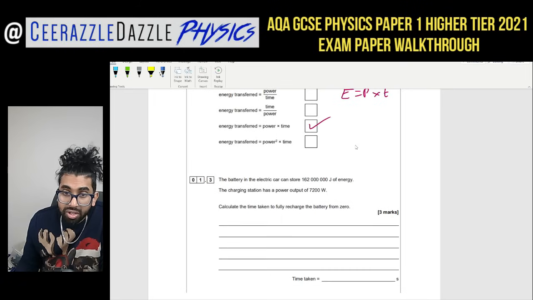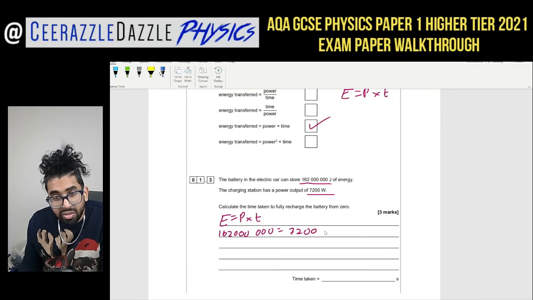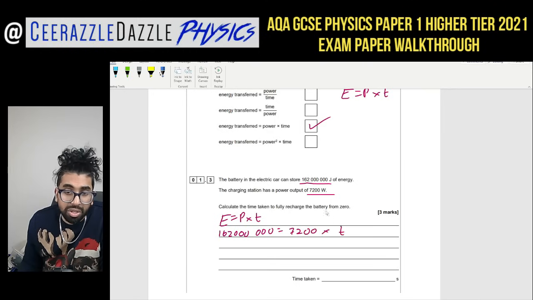Next one, 1.3. The battery in an electric car can store 162 million joules of energy. The charging station has a power output of 7,200 watts. What's the time taken to fully recharge the battery? We can reuse the equation we looked at above and just rearrange it. Energy is equal to power times time, so 162,000,000 is equal to 7,200 times the time. We don't know what the time is.